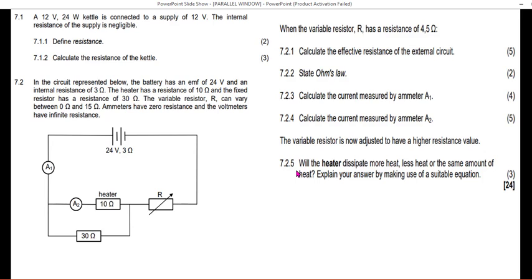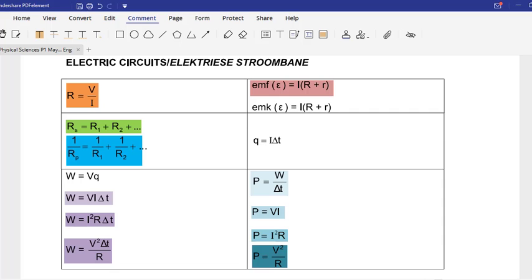Now, what is heat? Heat is about electrical energy. And the electrical energy depends on what? The power. Remember this formula. Energy is equal to VI times the time. VI here is power. I square R is power.